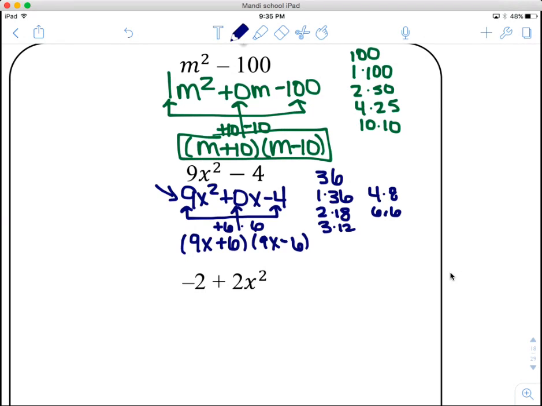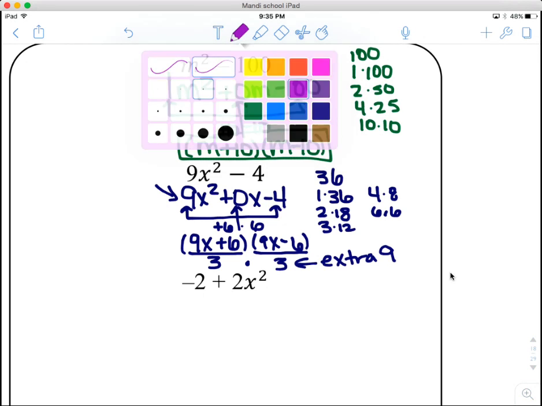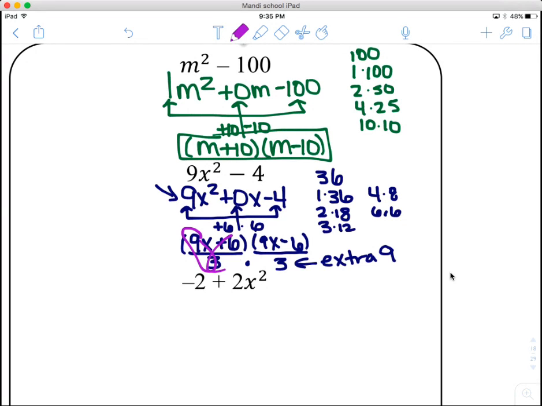Well, 3 times 3 is 9. So if I divided this one by 3 and I've divided this one by 3, then because 3 times 3 is 9, I could get rid of my extra 9 right here. So remember, we're going to do both of these. I'm going to have to divide both of those. So we get 3x plus 2.